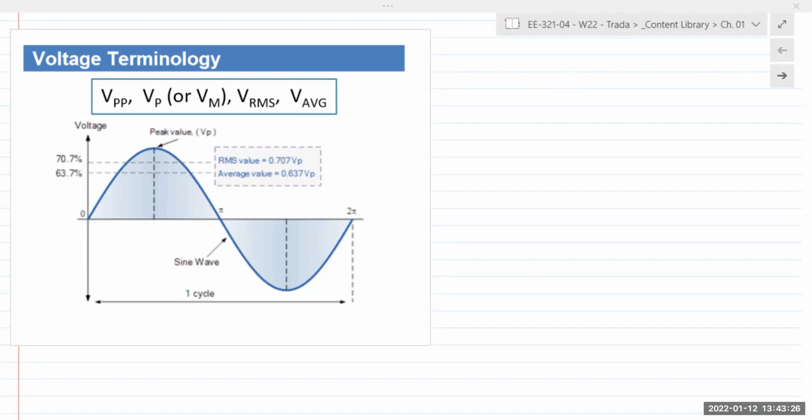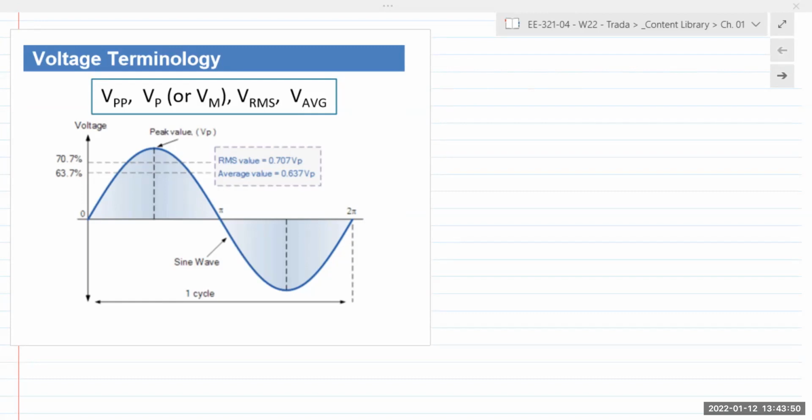Sorry. So VM, the book that I use for my classes, Hambley, uses M for magnitude. If you took a class with Professor Botros or Chinichian, he's a retired professor, and then Steve Dunton, they use Rizzoni. Rizzoni is probably going to use VP, but it means the exact same thing.